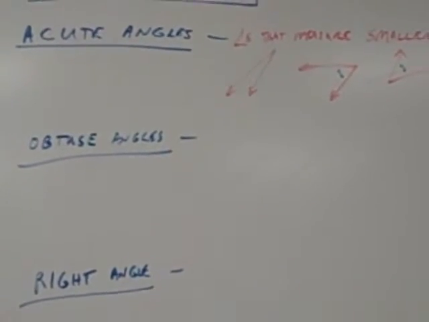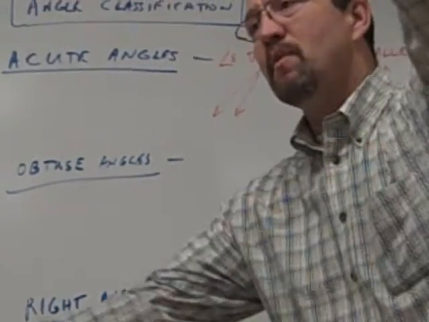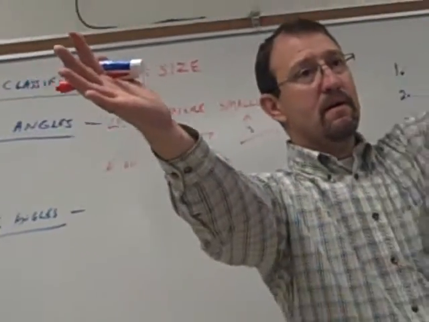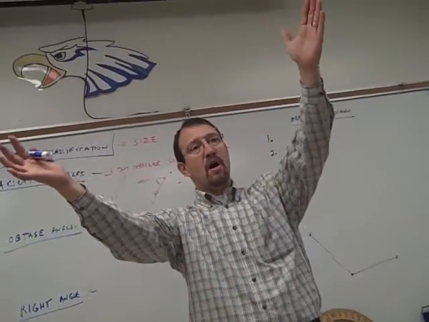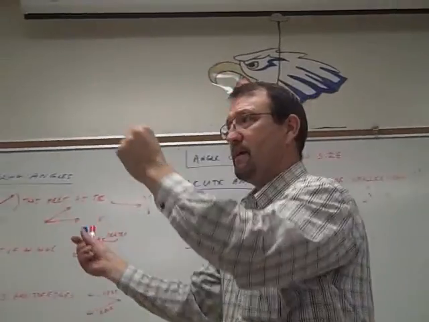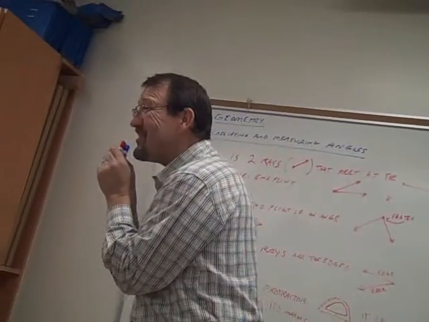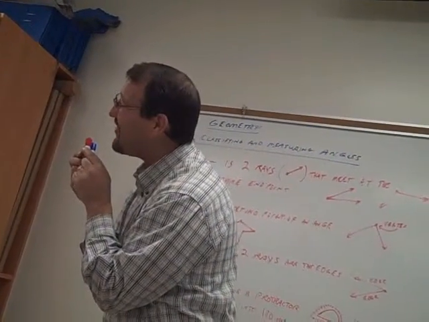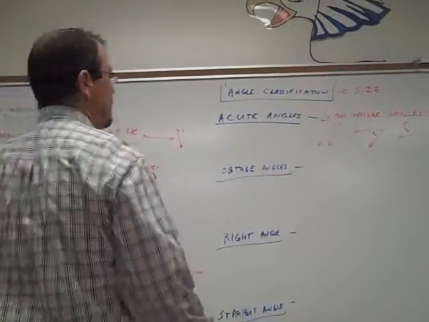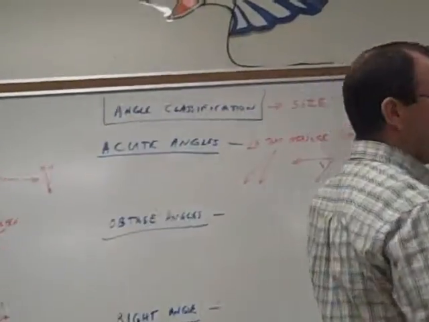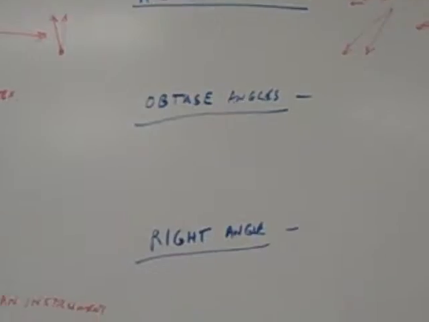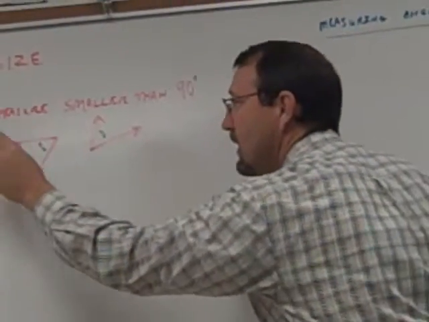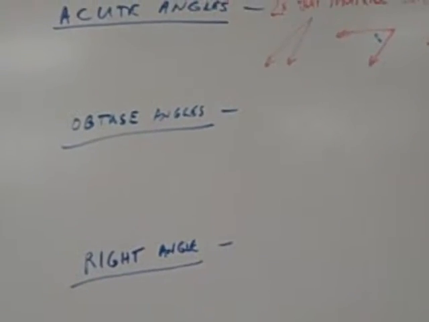Acute is a small opening. A small opening, less than 90. It's cute. It's so cute. I don't care if it's facing down, sideways, up, left, right, catty-cornered. We look at the opening. The size of the opening must be less than 90.